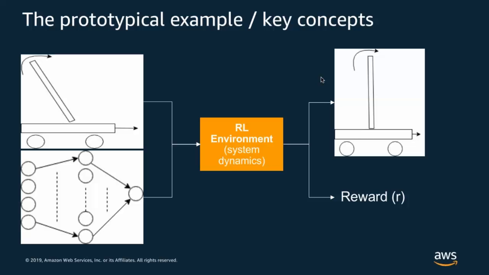I'll come back to how this reward could be defined, but this iterative process of what we call stepping through the environment generates data of this form: the initial state, the action, the next state, and the reward.